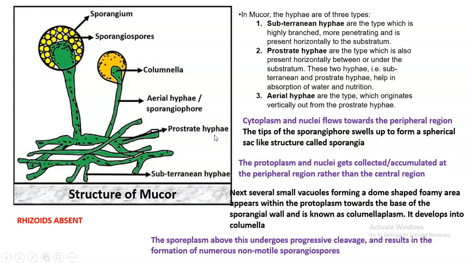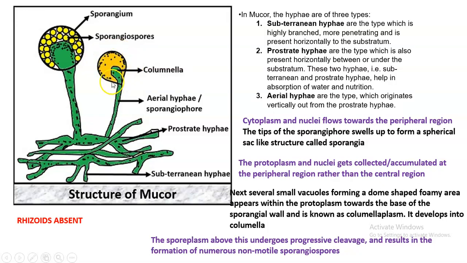Then this is the structure of Mucor. I have almost explained everything. As we are moving to asexual reproduction, I will explain a few things here. During asexual reproduction, you can see that one particular hypha will be specialized to form a sporangiophore to carry sporangia.